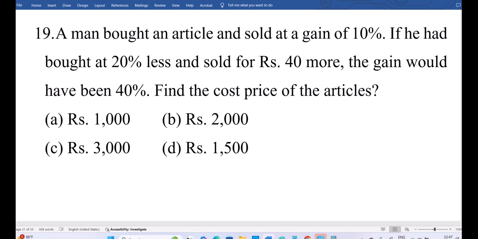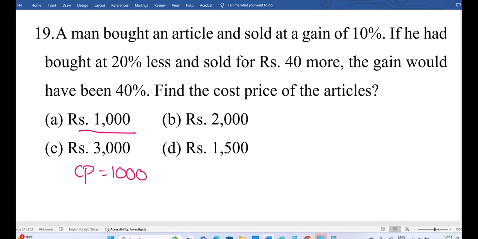Find the cost price of the article. You people may feel better with option verification. How to do option verification? Let us assume the cost price is 1000. I am assuming, whether it is correct or not. Directly also you can attack, but you may feel better doing this question with option verification for understanding, at least first of all.